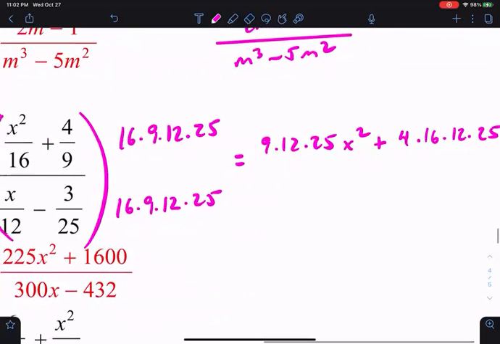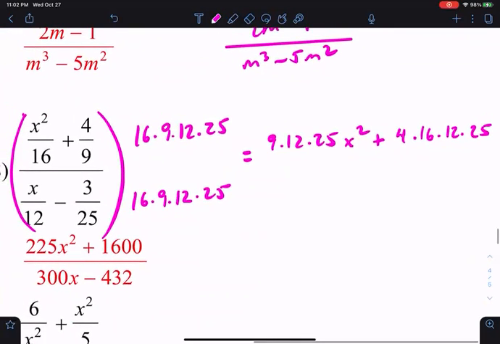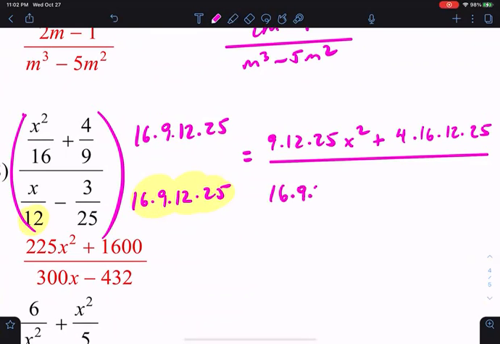That's the top, right? And then the bottom, all this is divided by, well, we'll do the same thing, right? So this number divided by all these things. So that's going to be just 16 times 9 times 25 times x minus, and you do now these 25 divided by everything, right?